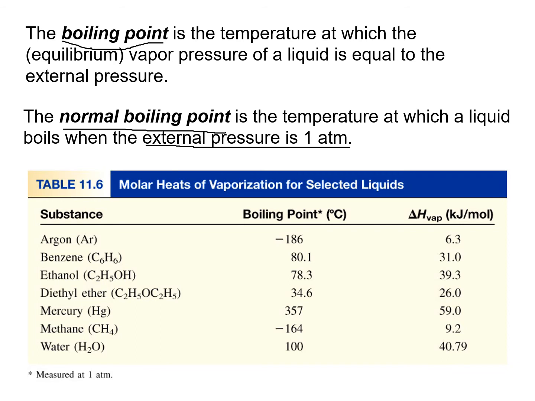If we look at, let's compare methane, for example, because we've looked at that before. Boiling point, negative 164 degrees Celsius, compared to water at 100 degrees Celsius. Delta heats of vaporization also reflect that difference in those physical properties.